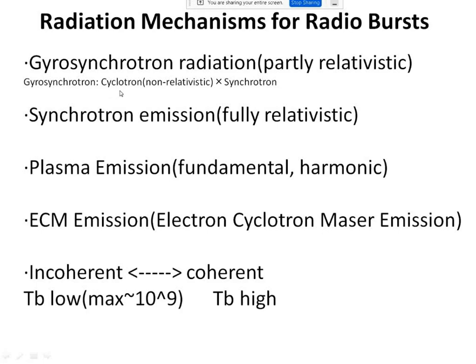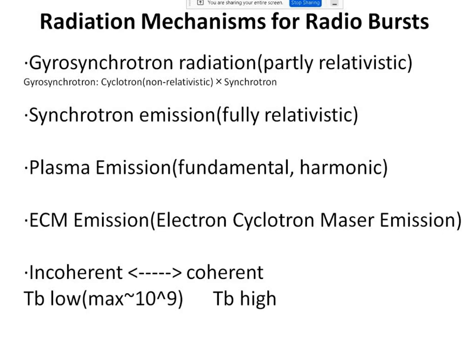Gyro emission is also cyclotron emission, which is non-relativistic, and synchrotron emission is relativistic. It's also possible to be generated by only synchrotron, which is fully relativistic. There is also plasma emission, which can be further classified into fundamental plasma emission and harmonic plasma emission. And finally, we have ECM emission, which means electron cyclotron maser emission.